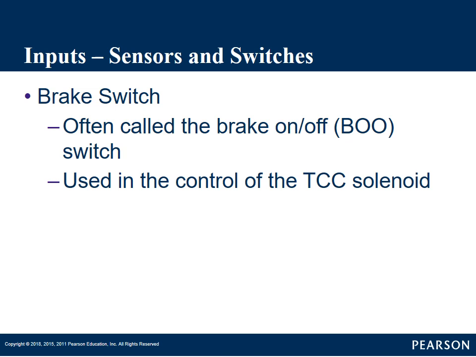But in case that malfunctions, most transmissions hydraulically cannot lock up the torque converter in first gear. That's just another safety feature to keep it from stalling if that torque converter stays engaged when we come to a stop.